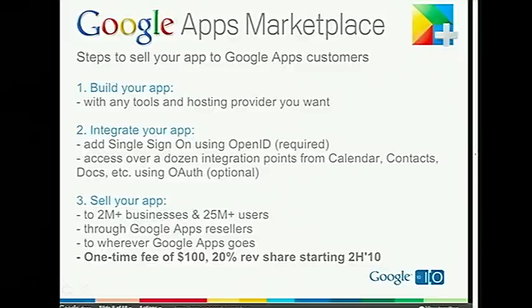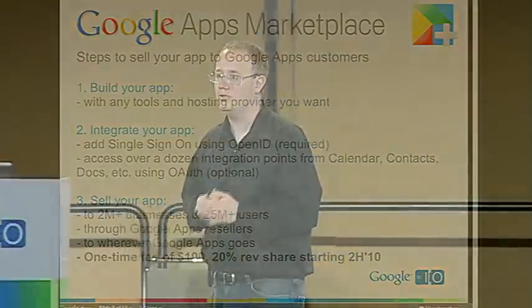Of course, the next step is probably the most important step for most of you, and that's selling your application on the Marketplace. There are over 2 million businesses which use Google Apps, with over 25 million users in those businesses, and we're adding like 3,000 new businesses a day. So there's a huge audience to sell these applications to. You can also work with our reseller channel.